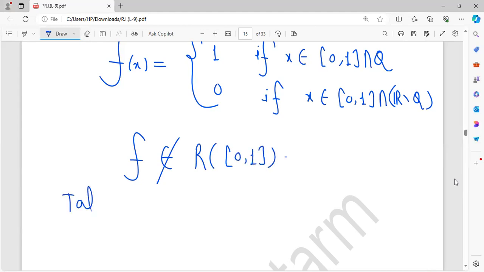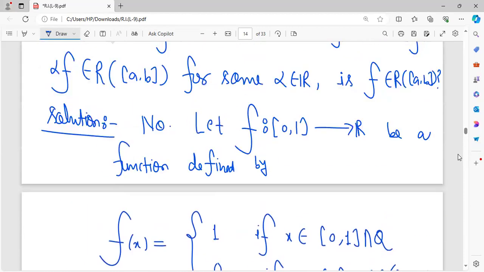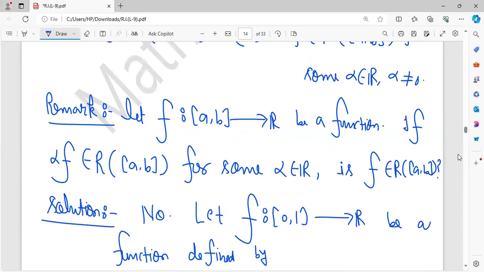Now take alpha equal to 0, then alpha f, what is this function? Zero times f. This is the 0 function. But 0 functions are always Riemann integrable. So the answer is no, because you can have alpha f Riemann integrable, but f may not be Riemann integrable. Okay. So the answer is no.